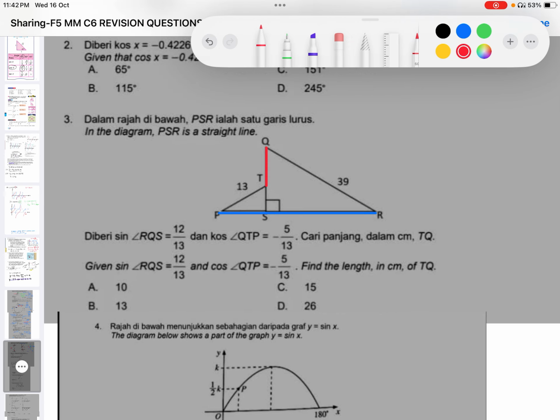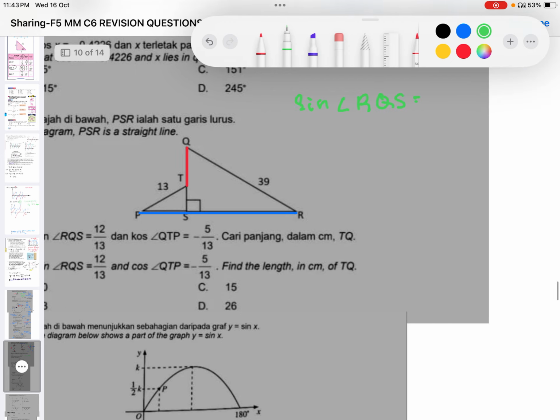Okay. So kita cuba main dulu dengan apa yang kita ada, which is sin RQS, which is equals to 12/13. So dia kata, sine opposite over hypotenuse.